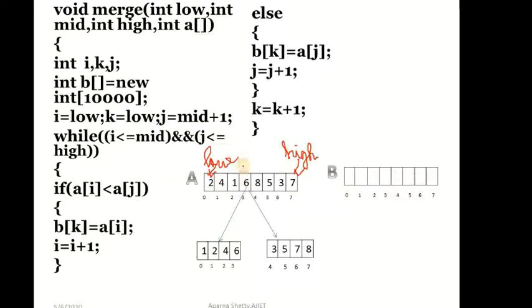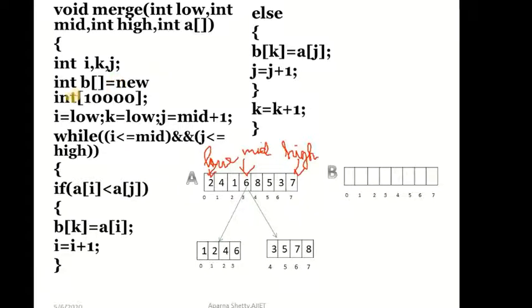And mid was 3. I have already calculated, right? Mid was 3. So this left array will have from 0 to mid, that is 0 to 3. Into two equal halves I have divided it. 4 to 7 indexing will be in the second part. Now see this merge method.